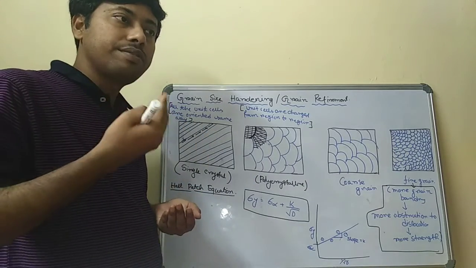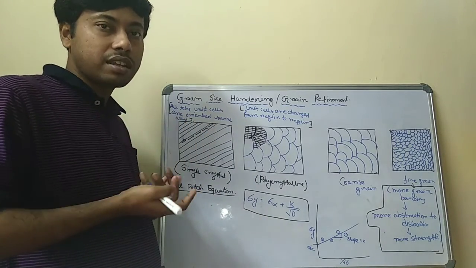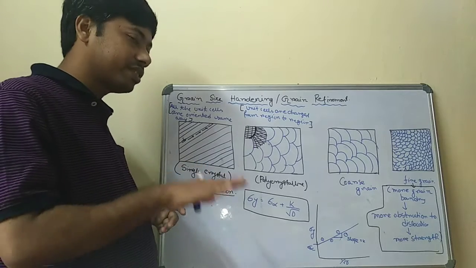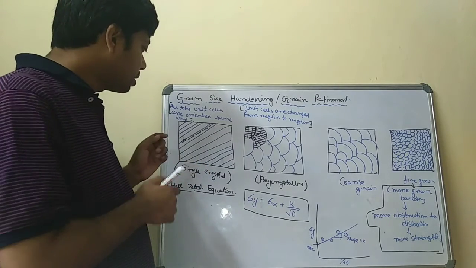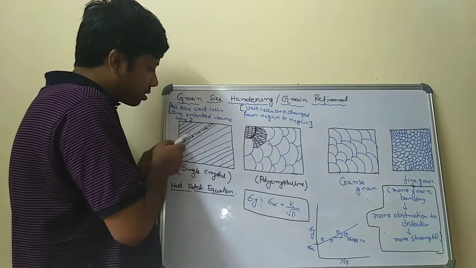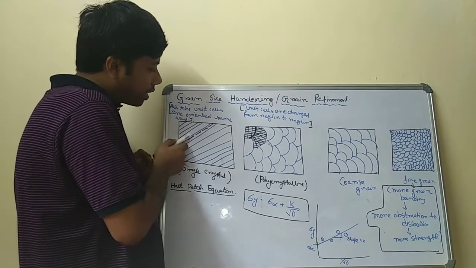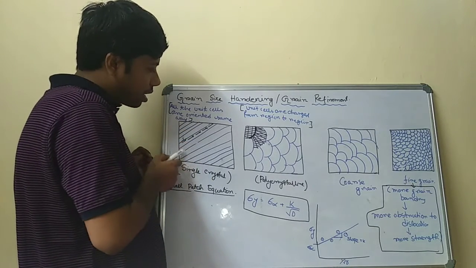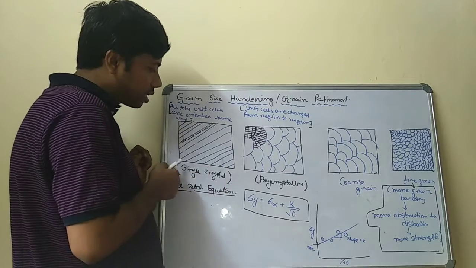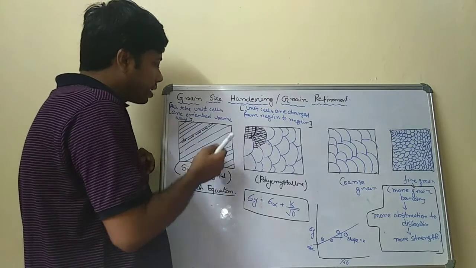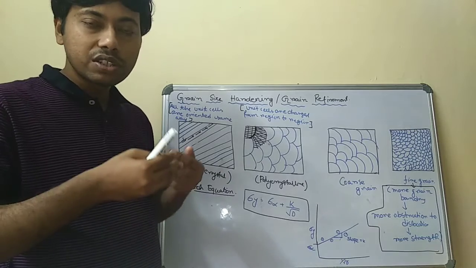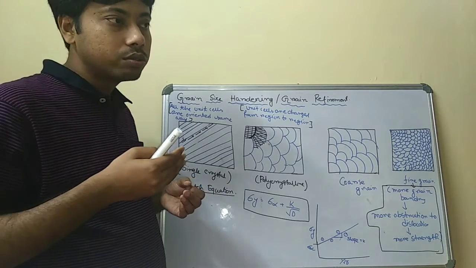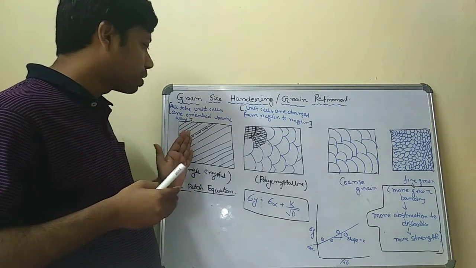If the extra half plane is in the upward direction, it is called positive. Here a positive edge dislocation moves through the slip plane in a sliding movement. Since the unit cells are oriented in the same way, there is no barrier or resistance to the movement of dislocations.